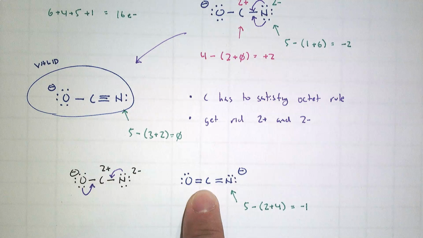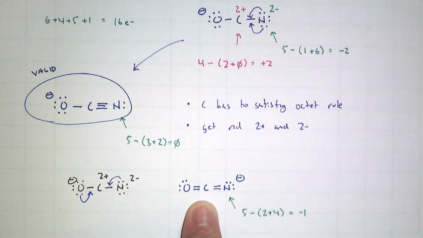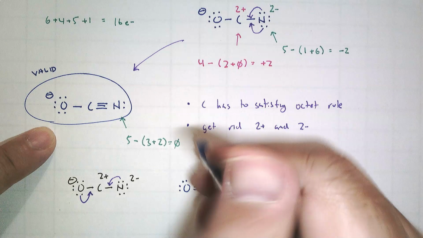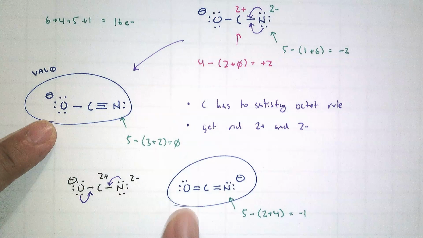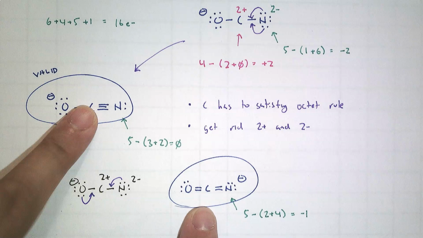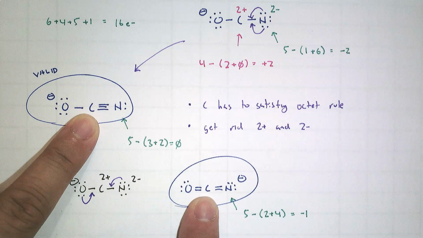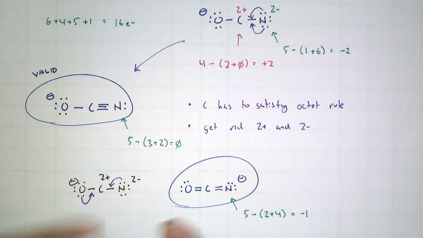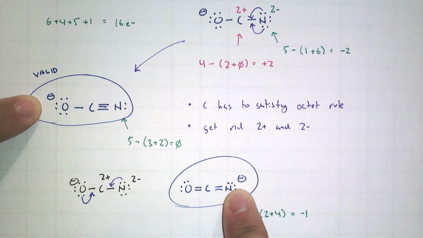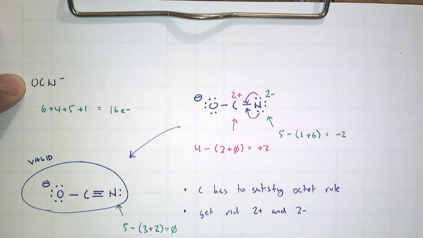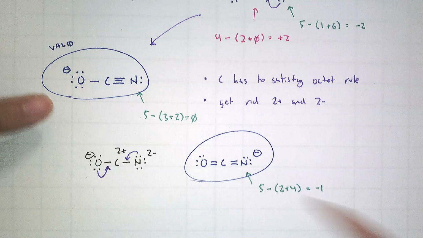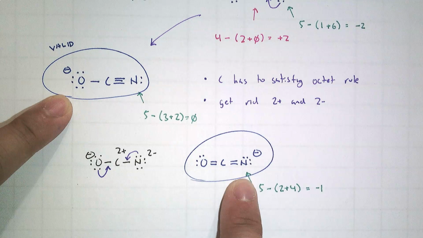Oxygen and carbon are neutral in this case. So take a look at these two. Okay. They look great. Carbon in both cases fulfill the octet rule. We got all the charges gone except for one, but we need a charge because this ion has a negative charge. The only difference between these two is the location of the charge.